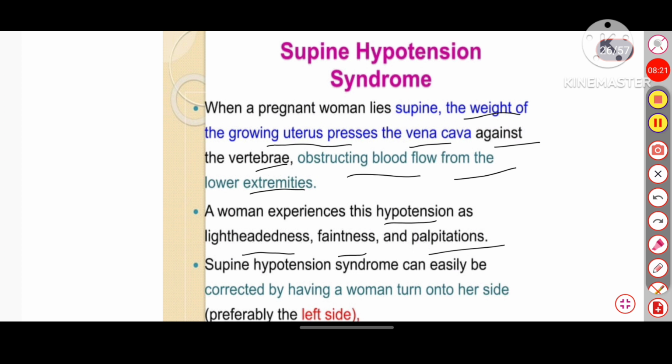It can usually be corrected by making the woman turn onto her left side or any other side, but preferably the left side. By making the mother lie down on the left side, we can help her avoid this hypotension. Why does hypotension occur? It is mainly because the vena cava is getting compressed here.